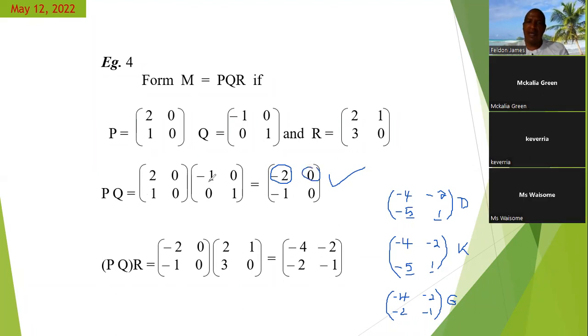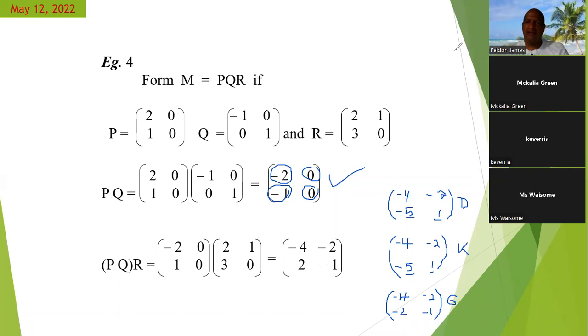Now we have 1 times -1 gives -1, 0 times 1 gives us 0. So this one gives you -1 when you add them. Now for this one, 1 times 0 gives you 0 plus 0 times 0 gives you 0. So this is correct. You should get this when you do PQ.